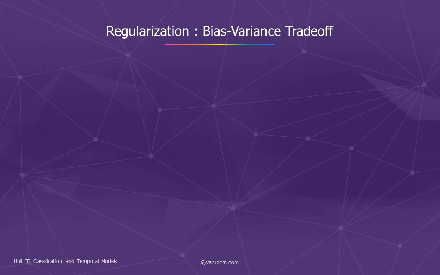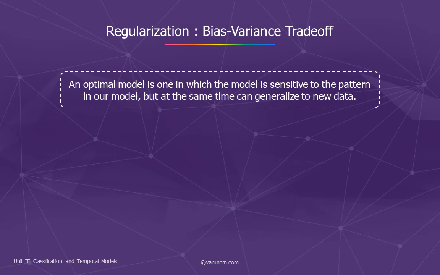To avoid this problem with bias and variance, what we could do is have a bias variance trade-off. What is this? It is an optimal model. To create an optimal model, it should be sensitive to the patterns in our data, and at the same time it can generalize to new data.